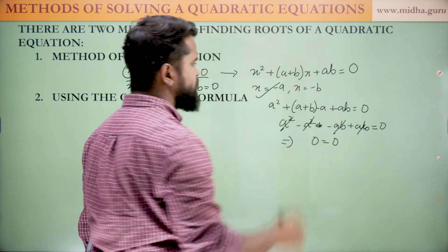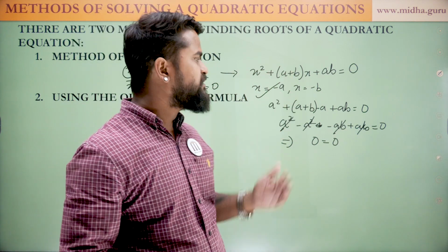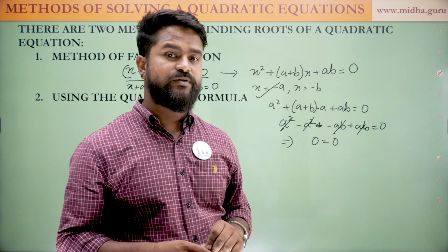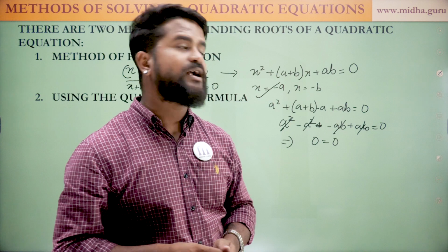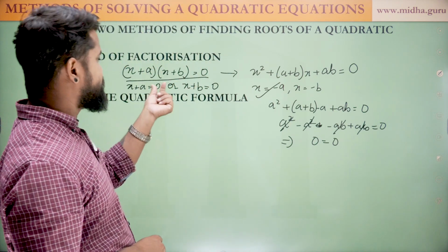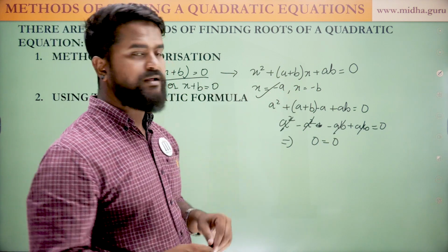So I can say that -a is a solution, and similarly when I substitute -b into the equation, I will see that it also forms this parity, that is it comes 0 is equal to 0, or I can say that the equation is satisfied. So here I can say that -a and -b, I'm sorry, are solutions or roots for our given equation.